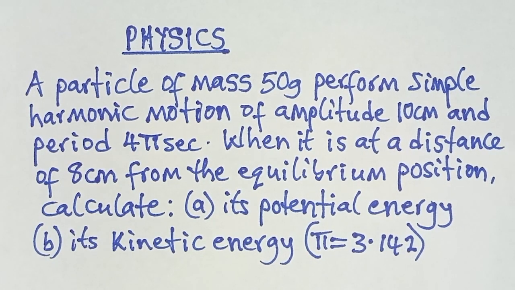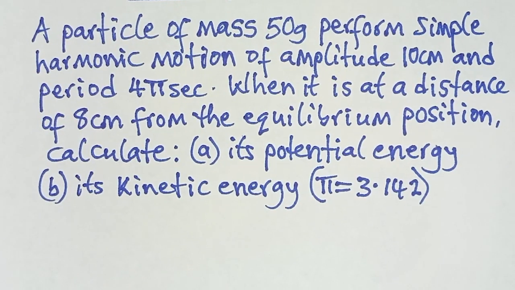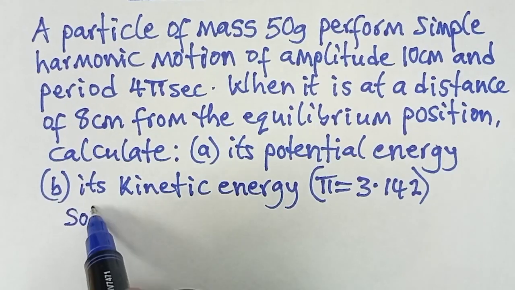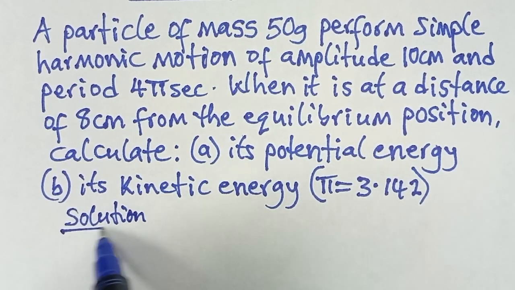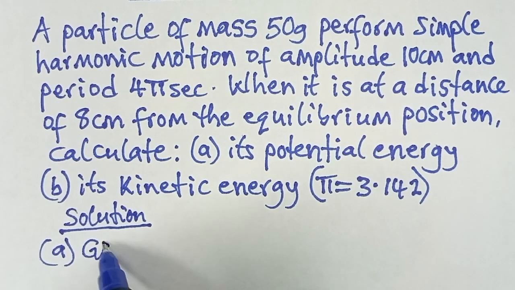Now, for us to solve this, I'll first of all like us to take down what we are given in the question. So let me write solution. And then with question A, I would like to write what we are given.